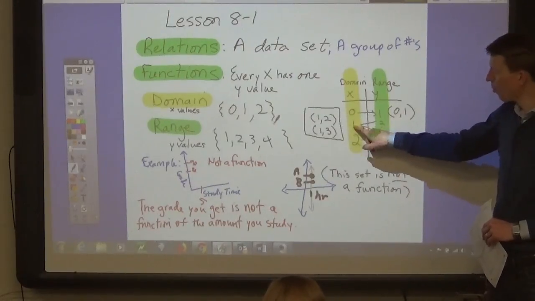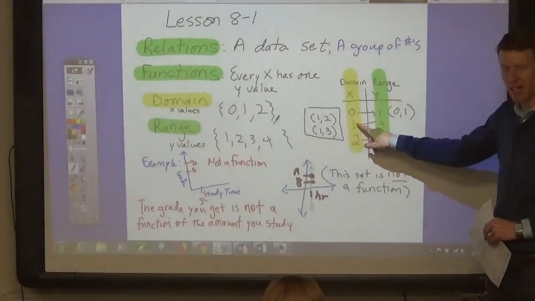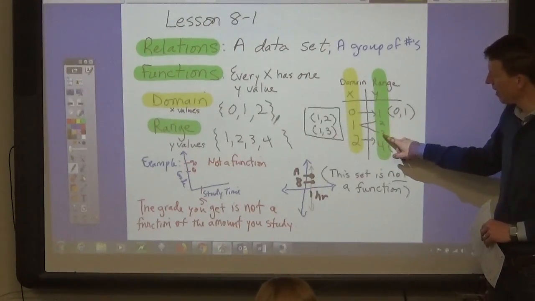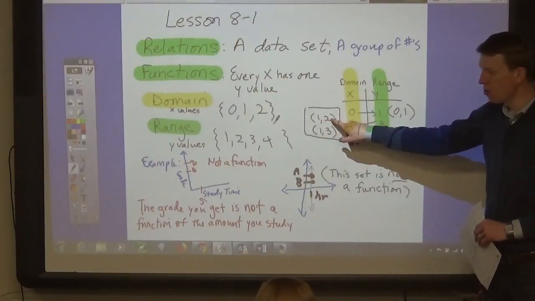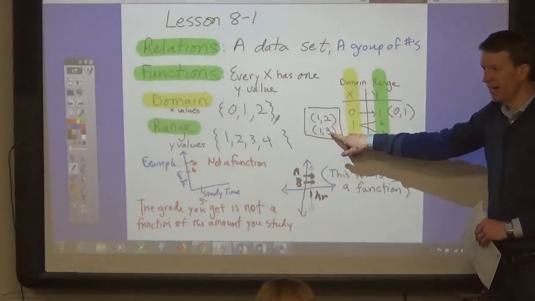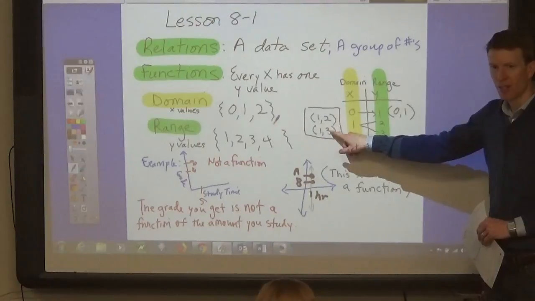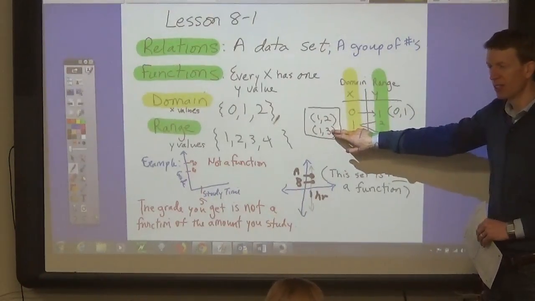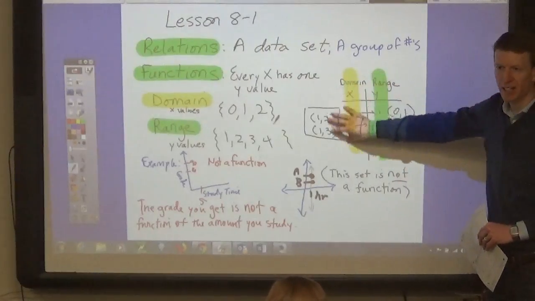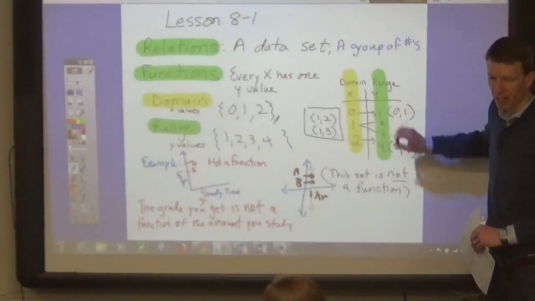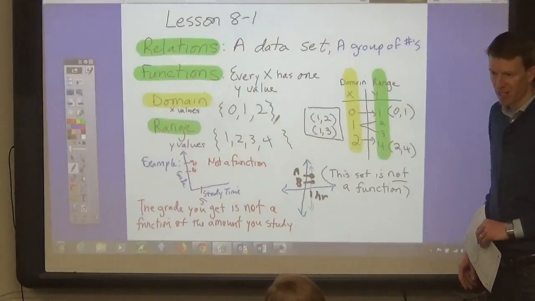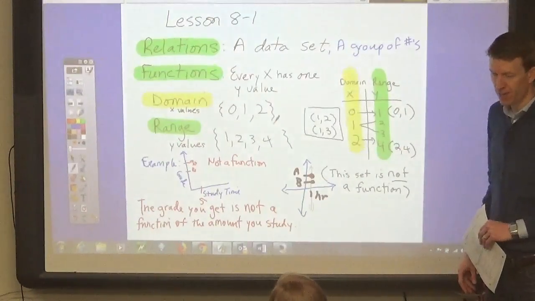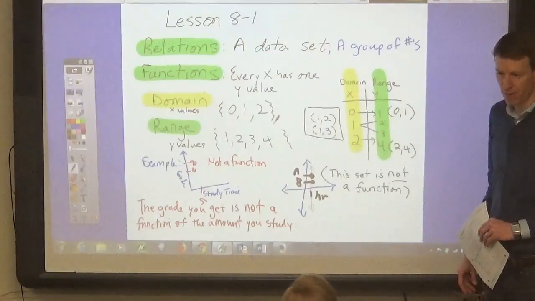Very good. The number 1 on the x-axis has the value 2 and the value 3. So the points 1, 2, and 1, 3, because this number 1 has 2 values, this set is what, Melina? Is it a function or not a function? Not a function. Okay? It's not a function.